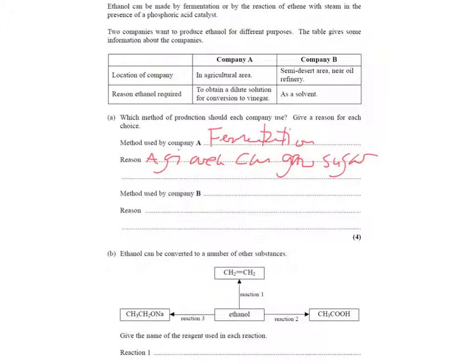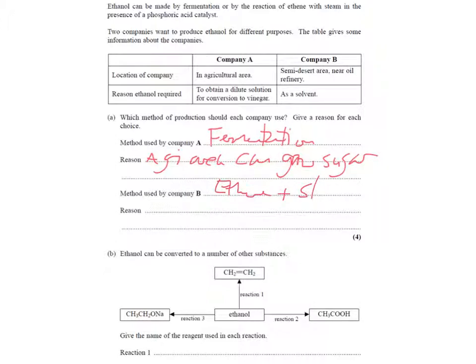But as Company B is near an oil refinery, that would be a very good place to obtain the ethene required in the other process, the second process, the hydration of ethene. So the method used by Company B is the reaction of ethene with steam.